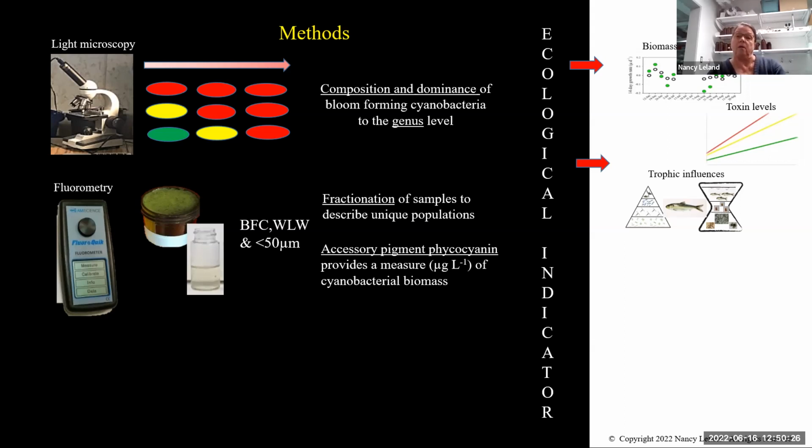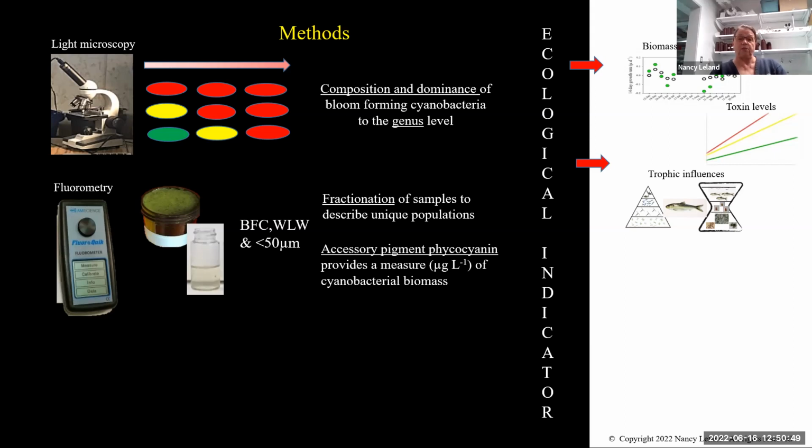And in particular, we can look at the growth rates of these populations, what's happening to them in terms of the response to things like nutrient inputs or changes in the light and temperature. We can also estimate toxin concentrations from that, and we can also look at trophic influences.